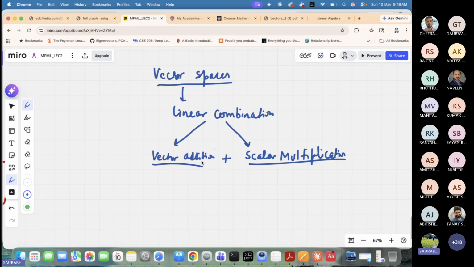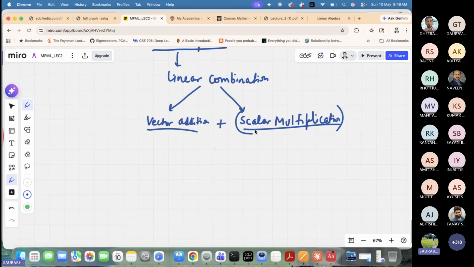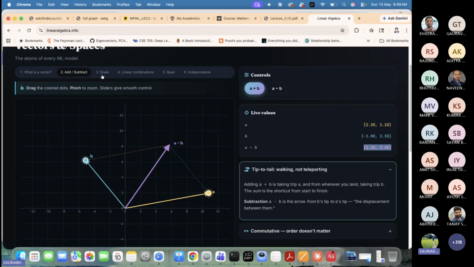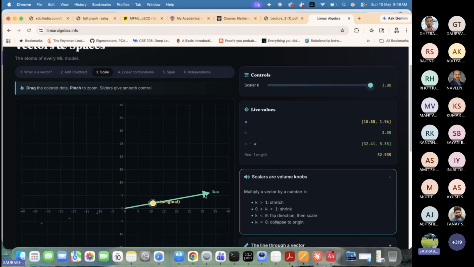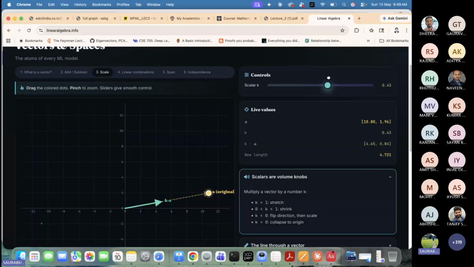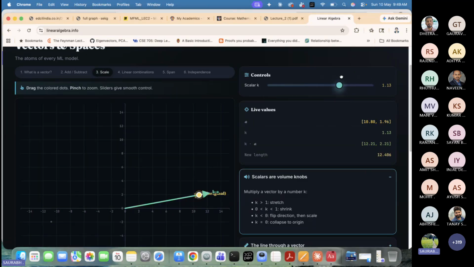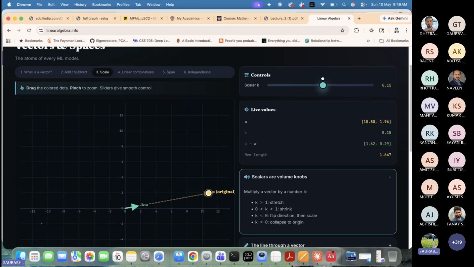When we scale vectors, you get a new vector, and that's what you saw here. This is when you scale a vector, you get a new vector. Let's say if I choose any new scaling number, you see how the vector scales. But the vector has its own axis. This vector cannot go beyond its own axis.